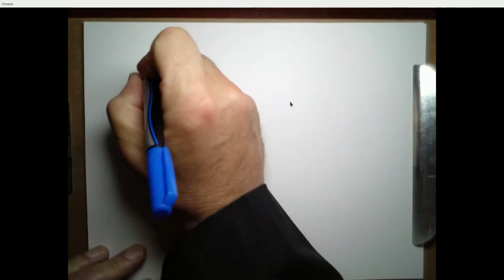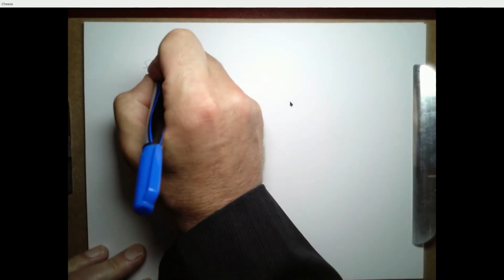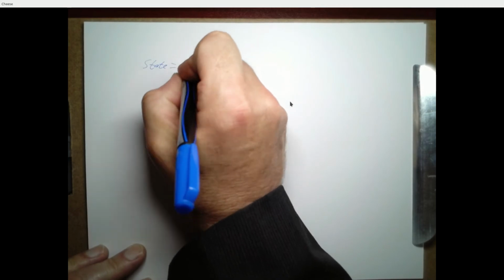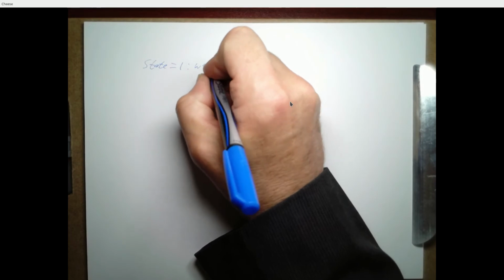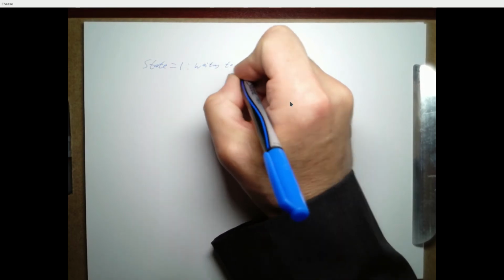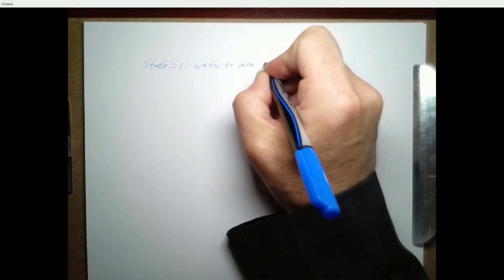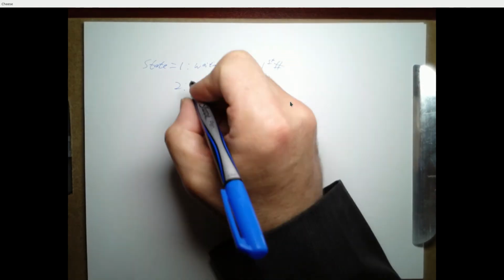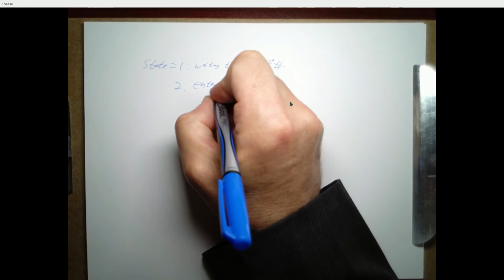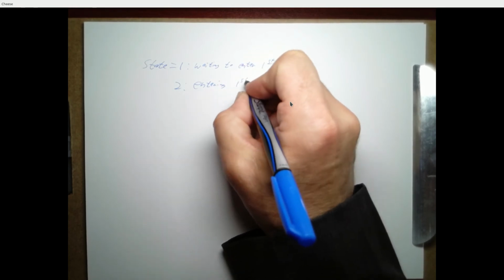Okay, so let's start designing a state machine. So state 1, let's use this for the very beginning. Okay, this is waiting to enter the first number. State 2 is entering the first number.